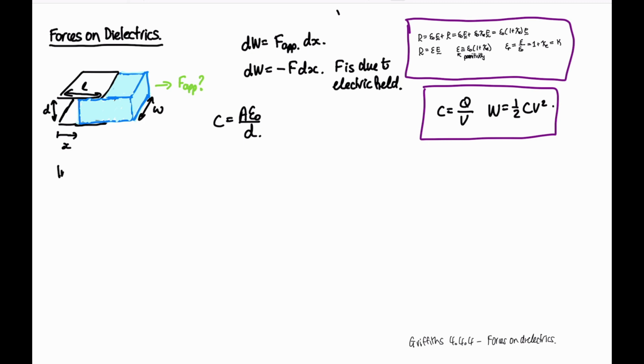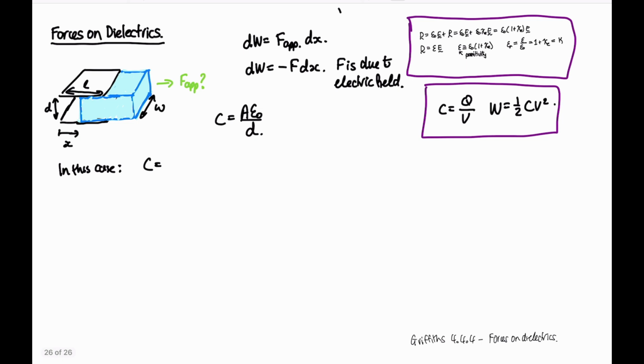Okay, so in this case, let's start by considering the bit that doesn't have the dielectric. The capacitance for that is equal to, well, we've got epsilon naught over D, and then it's multiplied by the area. So it's got a width, W, and the area of this part here is just equal to X. And then we've got this part here, which does have the dielectric.